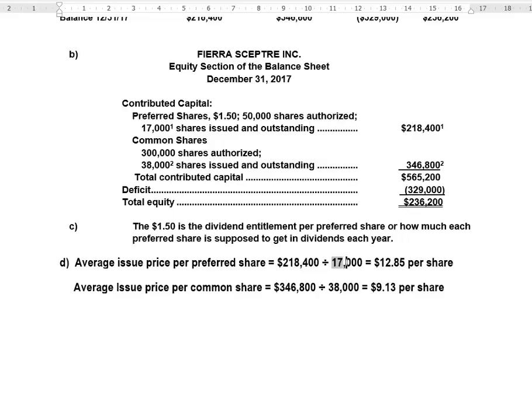Similarly with the common, we take the total common share equity created, which we can see from the equity section of our balance sheet is $346,800, and divide it by the number of common shares that we issued in exchange for the common share equity created, and we're going to get $9.13 per share as the average issue price.